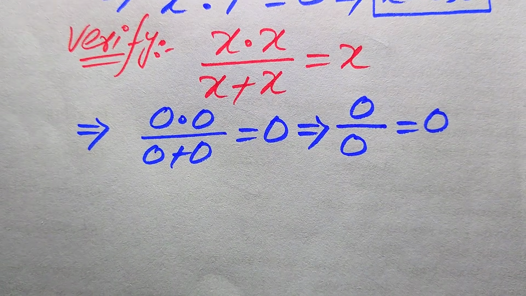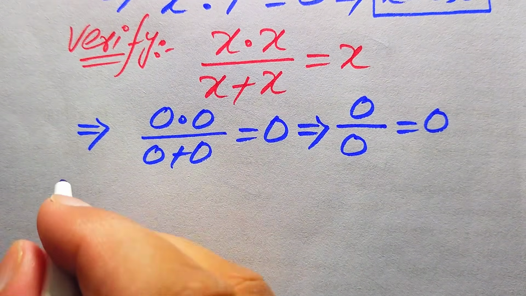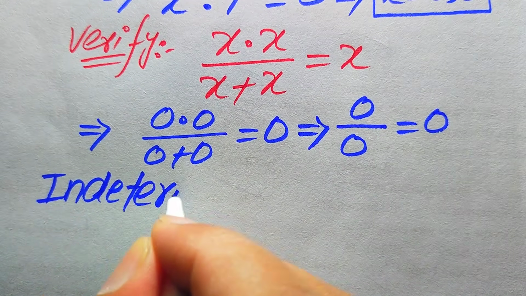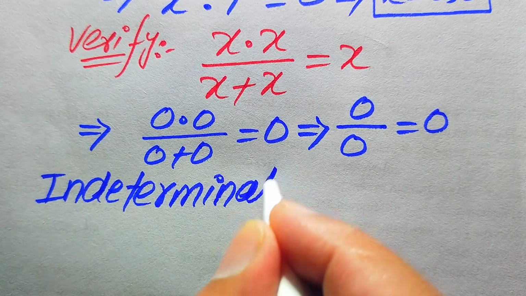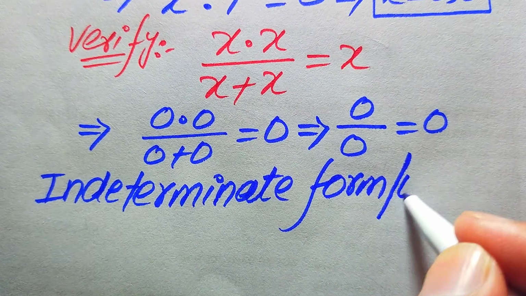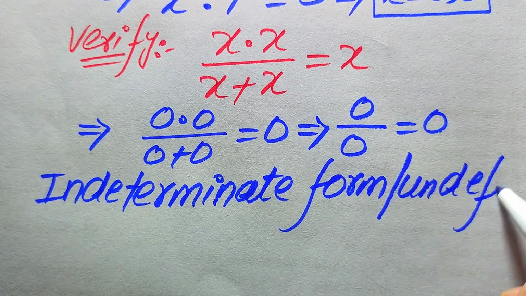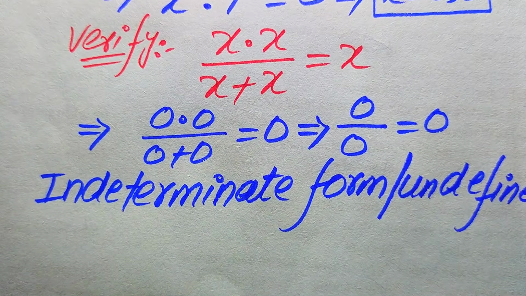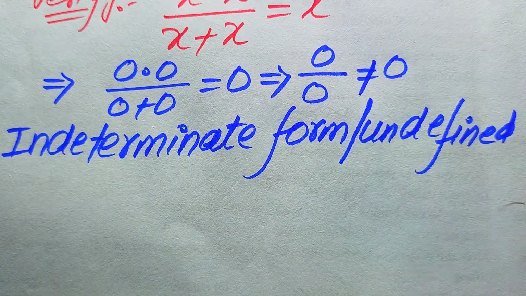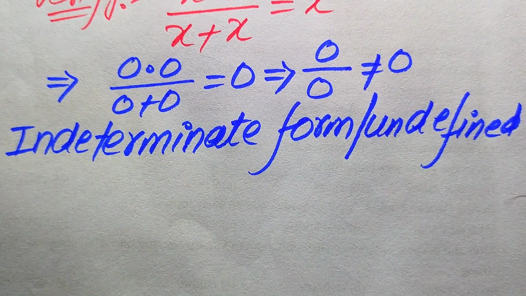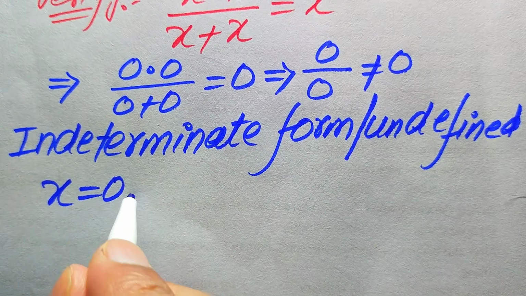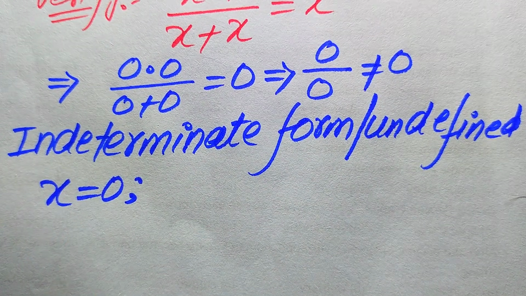So here we easily get the left hand side becomes 0 over 0 form, which we usually call the indeterminate form. If the left hand side is an indeterminate form, or in other words undefined, this means that both sides are not equal, and if both sides are not equal, this concludes that the value x is equal to 0 does not satisfy our given question statement.